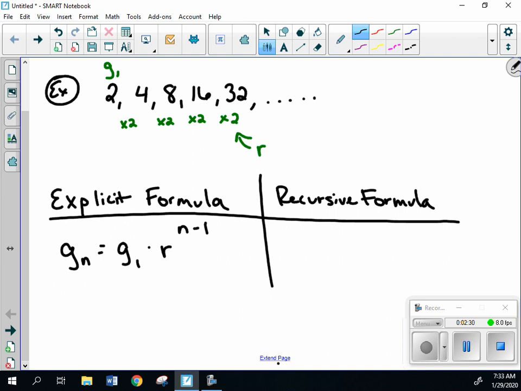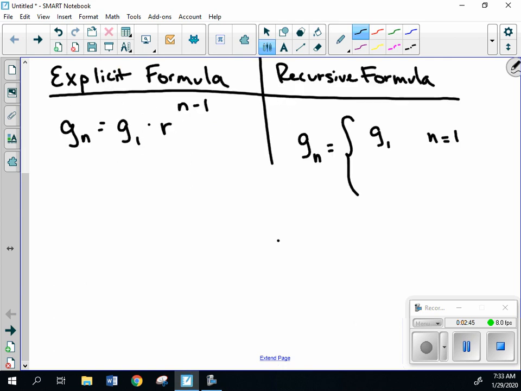The recursive formula, we have g n equals. We always want to list with the recursive formula what the first term is, and that's because n is 1, aka first term.